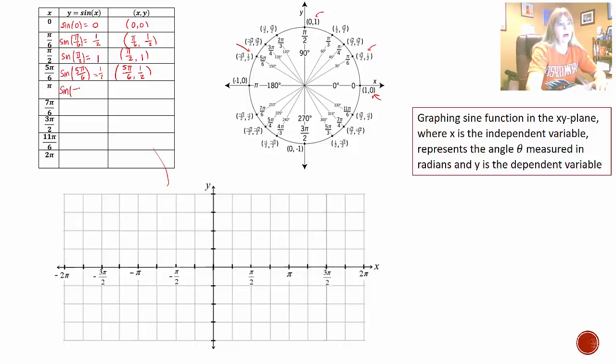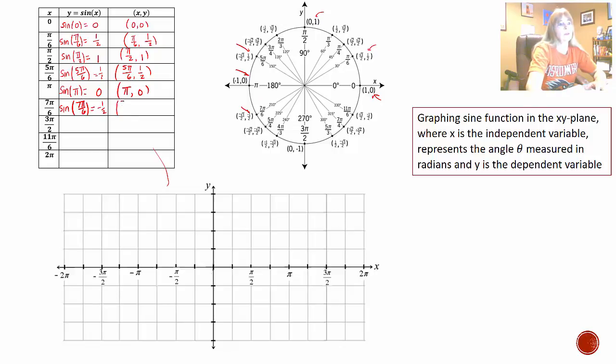Sine of pi, I mean, this is just good practice reading our unit circle here. Sine of pi would be 0. So this would be pi, 0. Sine of 7 pi over 6, looks like that's -1/2.